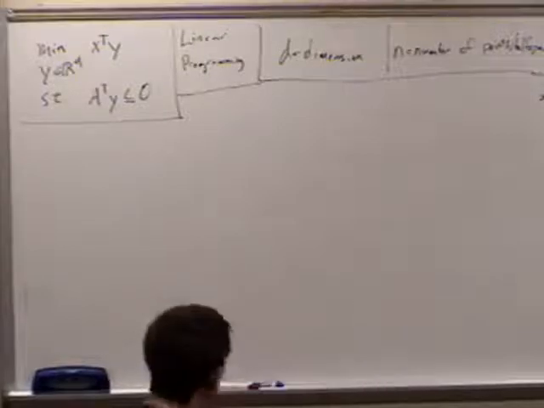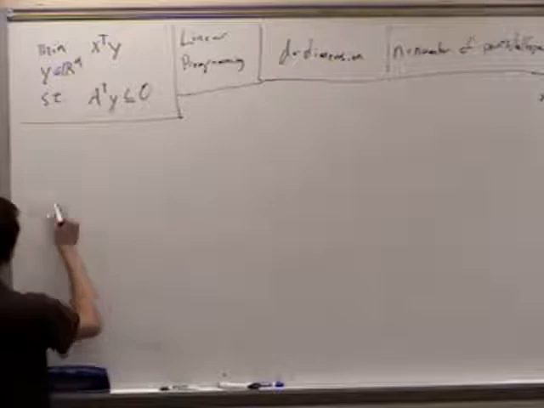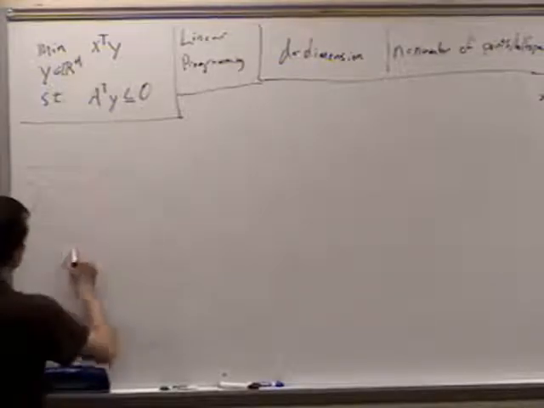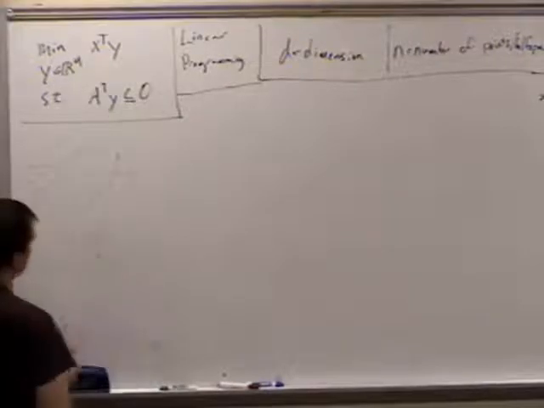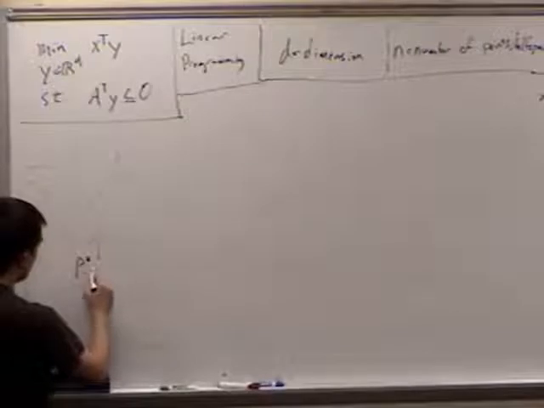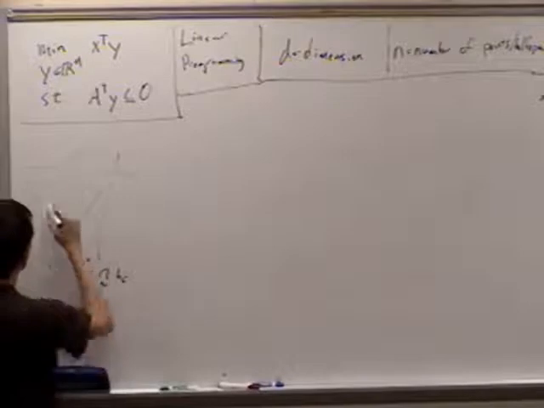So here is a picture of what's going on. If we think in terms of a number of half spaces, we have some region P star, which is equal to the intersection of all of these H_i.